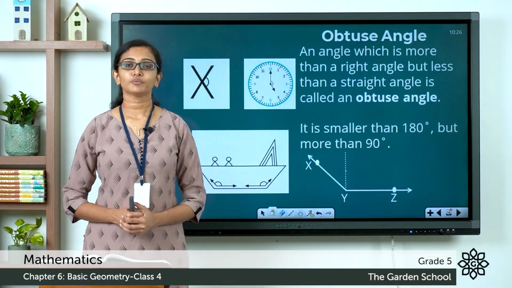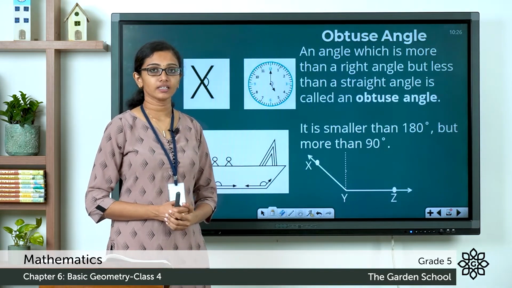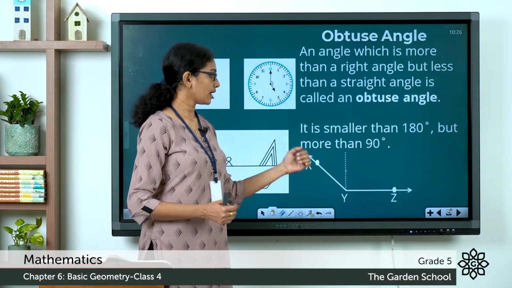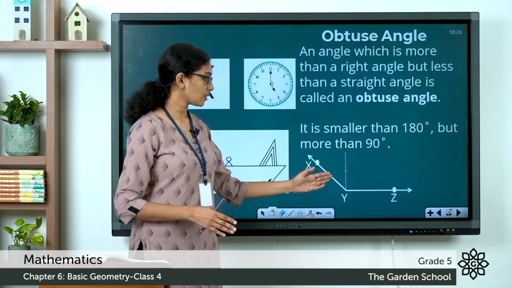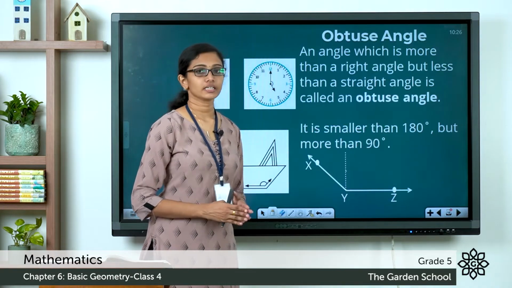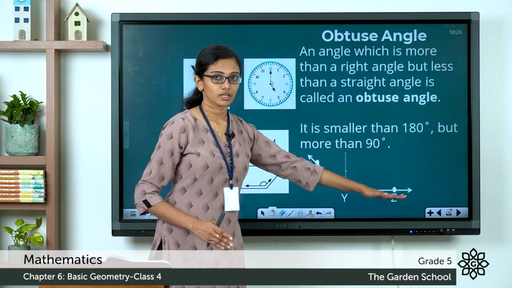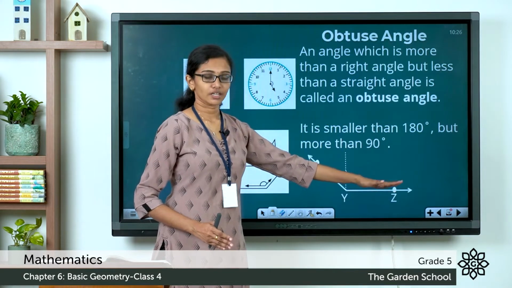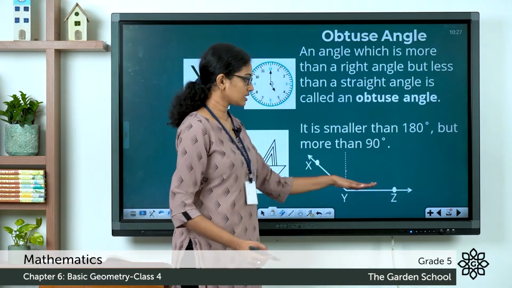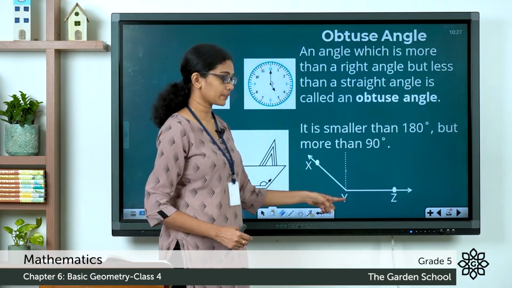It's called an obtuse angle. You see this angle XYZ given here? Angle XYZ or angle ZYX. It has the vertex Y. Suppose this ray YZ is at an initial position 0 degree like this, and it is turning around, it is turning towards the left, and it reaches a point where this ray coincides with the point Y on a straight line.